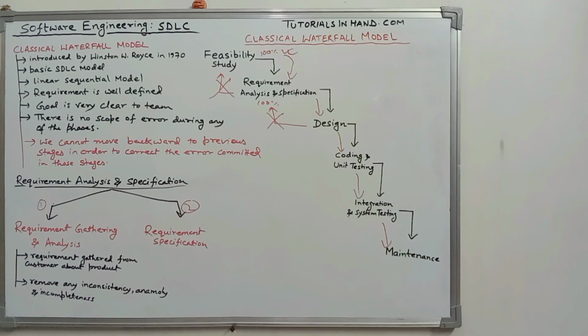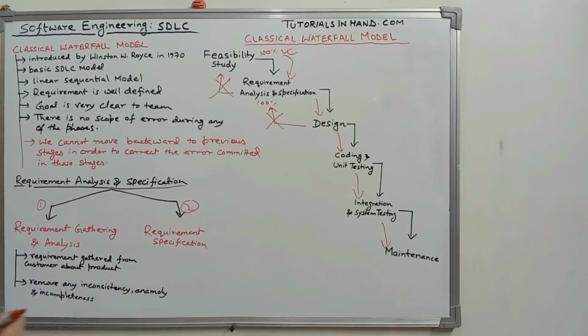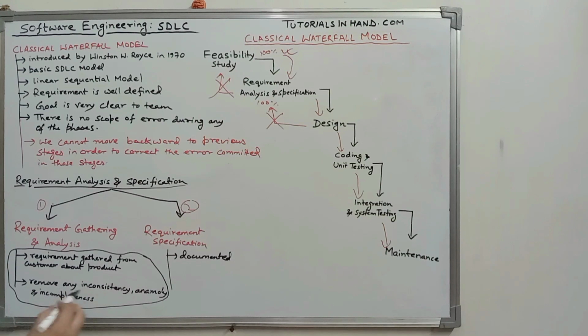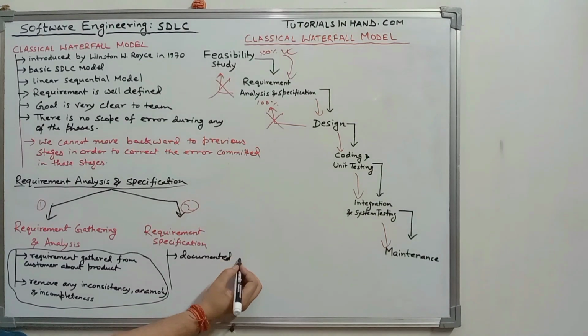Finally, once this phase is completed, we come to the requirement specification phase, where the final documentation of what has been gathered so far and all the discussions between the client and the management or development team is documented. Everything we have found out, and every inconsistency and incompleteness that we have removed, we document in the form of an SRS document.